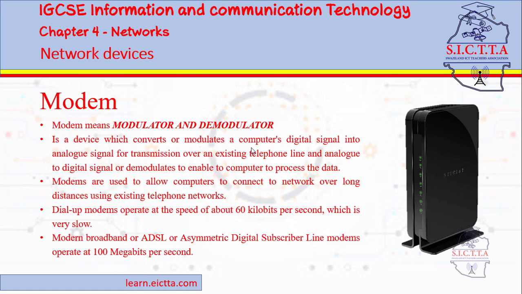Modems are used to allow computers to connect to the network over long distances using telephone networks. Dial-up modems operate at a speed of 60 kilobits per second, which is very slow.